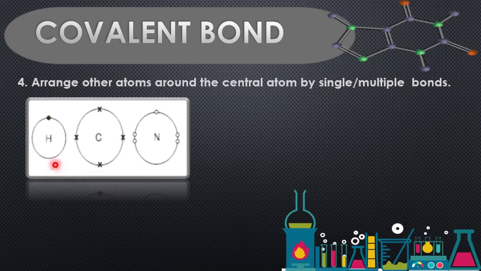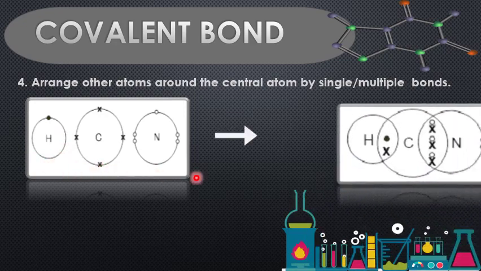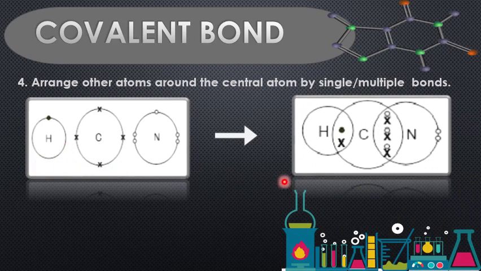You can see the size: carbon and nitrogen are almost using the second shell, and hydrogen is using the first shell, so you have to draw its size a little smaller as compared to the second shell. So we have to go to their structure. Carbon is the central atom, as it will make the maximum number of bonds, so it is drawn in the center.